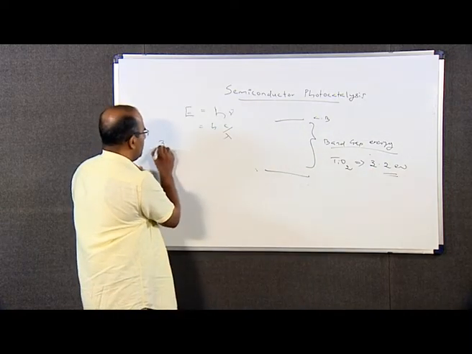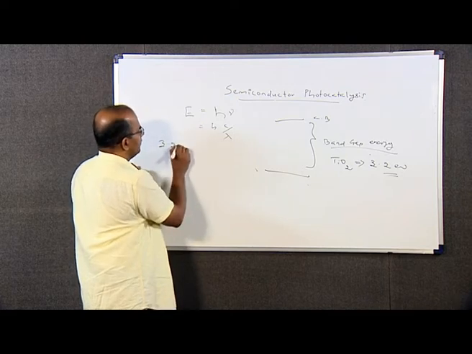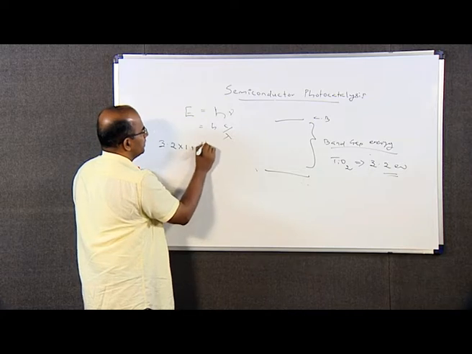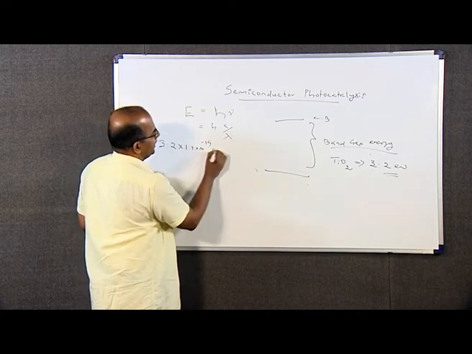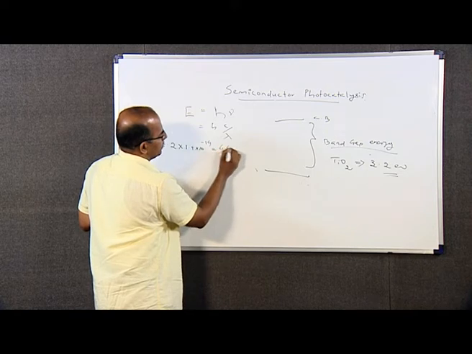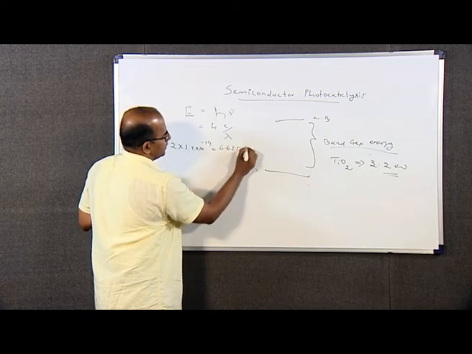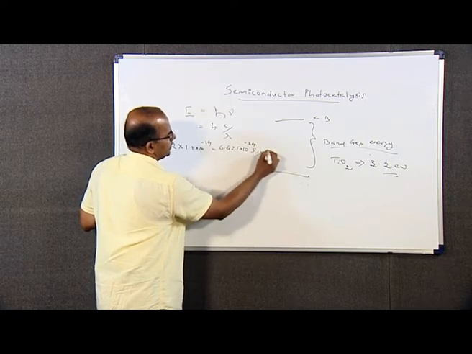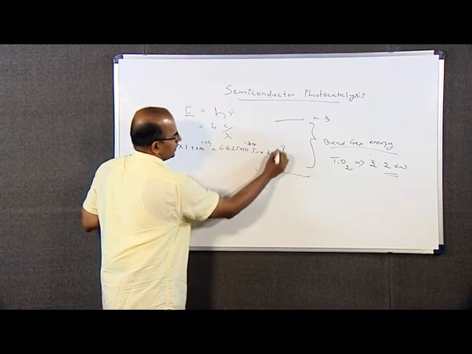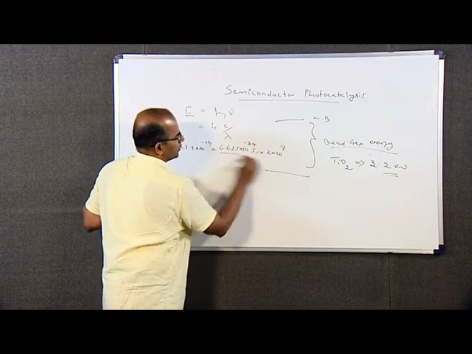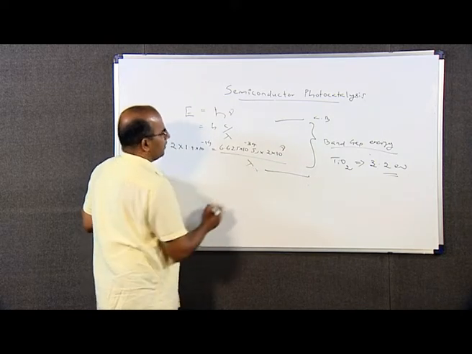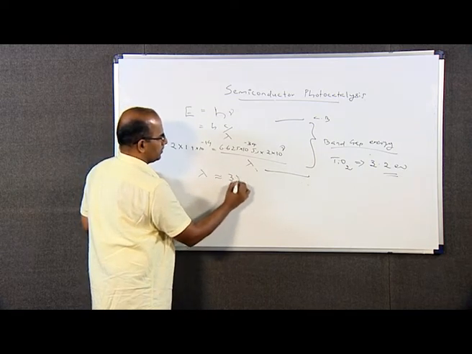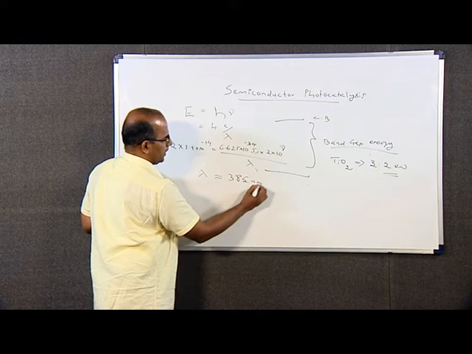We can convert that electron volt into joule by multiplying with 1.9 into 10 raised to 19, and h is the Planck's constant, 6.625 into 10 raised to 34 joule second, and c is 3 into 10 raised to 8 meter per second, the velocity of light, and lambda we can calculate. If you do the calculation, it will come to approximately 385 nanometer.